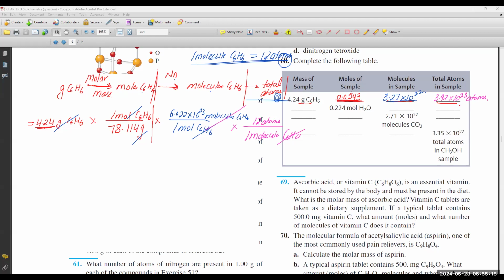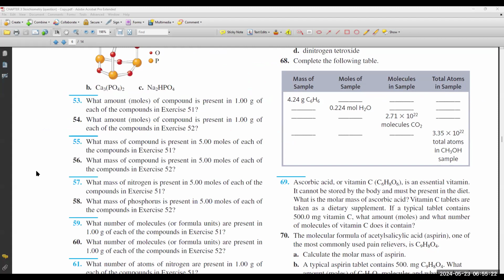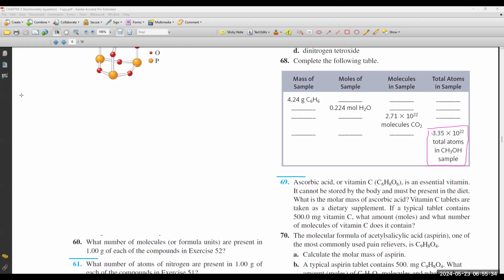Okay, now we are going to do the next question. This part. So you're going to set up the ratio. Don't try to give me the final answer. Give me the ratio. First thing, the number of atoms are given. Total atoms are given. 3.35 times 10 raised to the power 22 atoms. These are atoms.